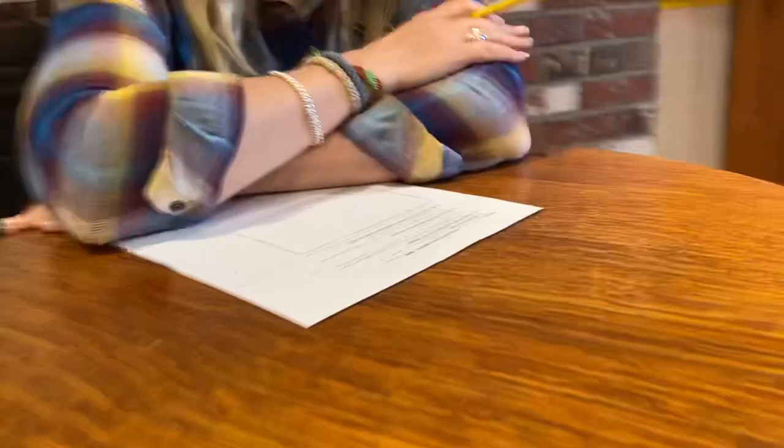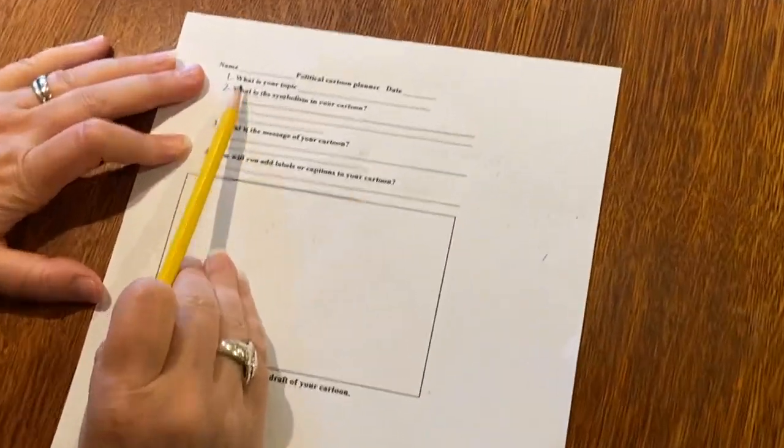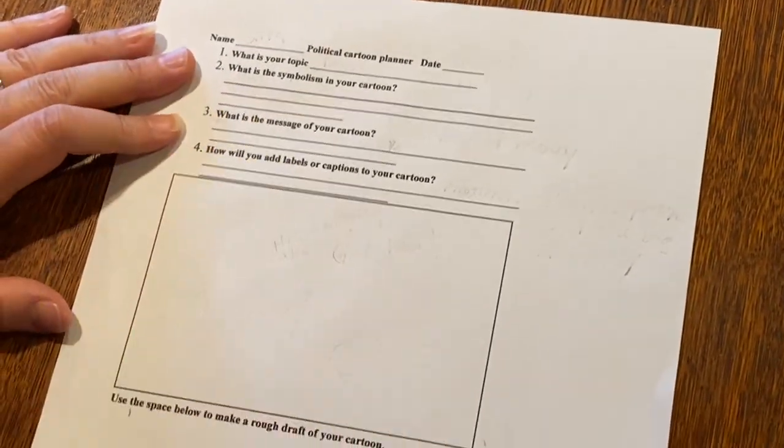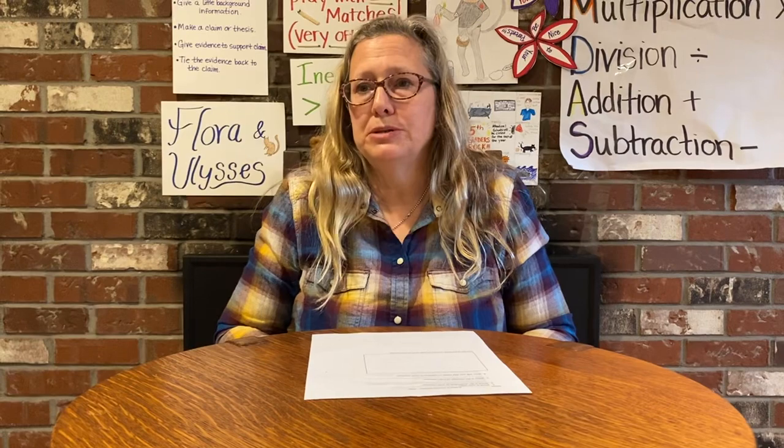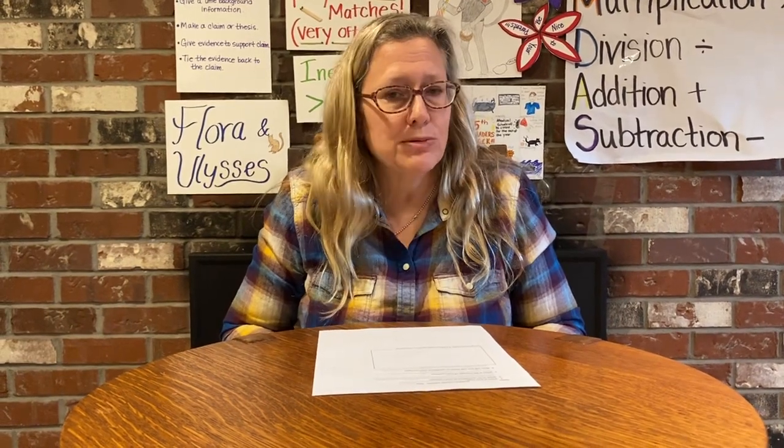Okay, so let's fill out this planner. The first thing is your topic. And so think about, what do you want to make your cartoon about? You could choose any of the things that we've been talking about this week with me, or from Mr. Langley's lessons as well. So it could be taxation without representation.